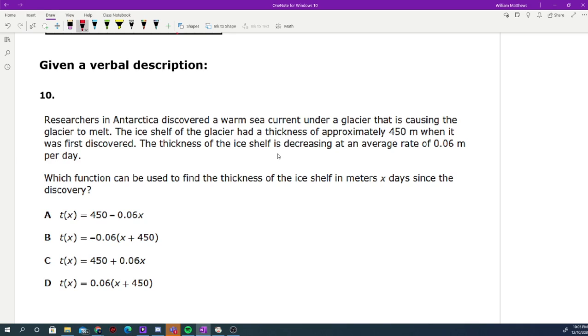The thickness of the ice shelf is decreasing at an average rate of 0.06 meters per day. Which function can be used to find the thickness of the ice shelf in meters X days since the discovery? So we want to know which function will help us find the thickness in meters X days since discovery.